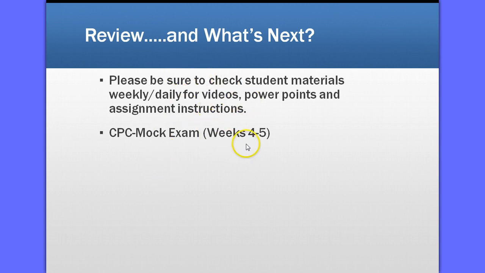And then for week 5, we have a 150 question CPC certification mock exam. And of course, both of these tests are graded, but they're not weighed heavily in the grade book. This is to prepare you to become a graduate and to move on to become certified. That particular test is going to be 5 hours and 30 minutes, so I want to give you a heads up on that.